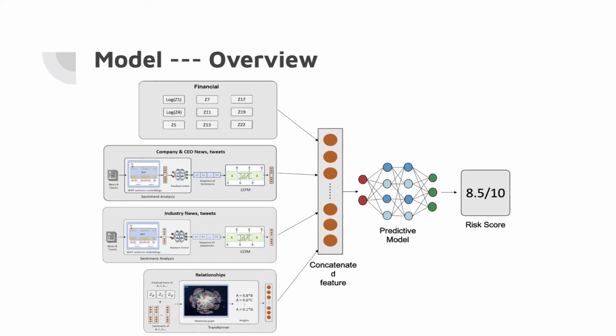But for news and social media posts, since they are words, we need to do some processing. For example, we use sentiment analysis to get a score that shows the negative or positive opinion toward the company. And the last one is the relationships. We use numbers to represent distances to know how related the two companies are.